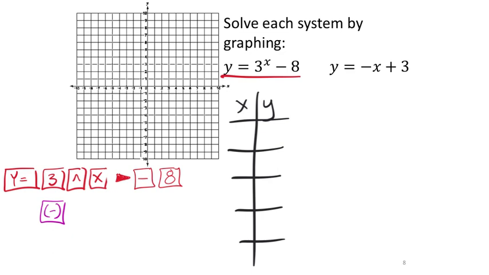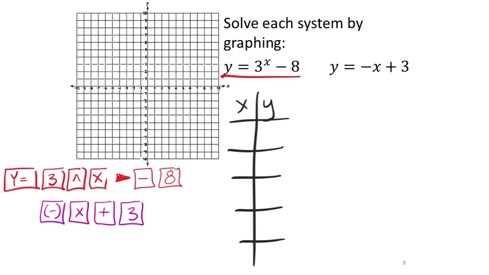Now, it has the parentheses around the minus sign, so it's not the minus button. It's one button to the right of the decimal. And then it's negative x, and that's plus 3. So I push the plus sign, and then I push 3. So I'm ready for the table now.